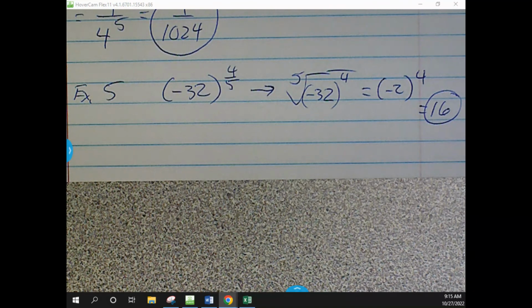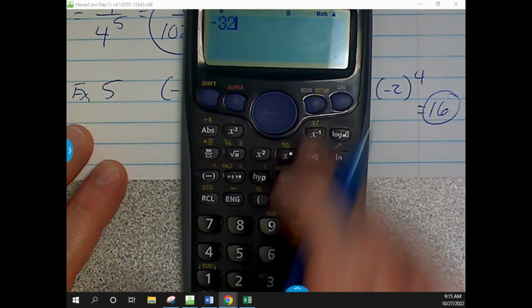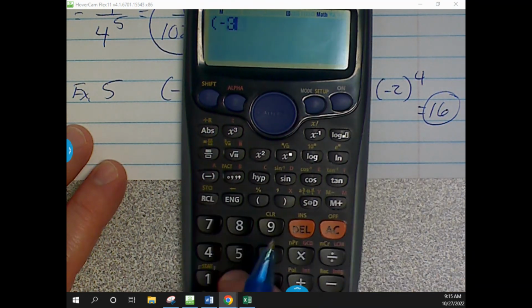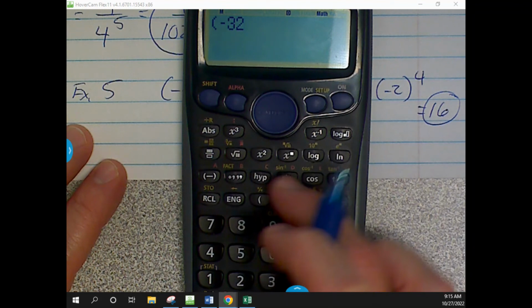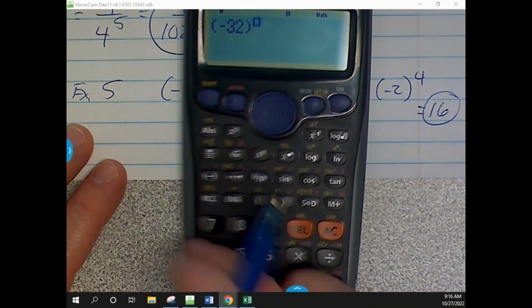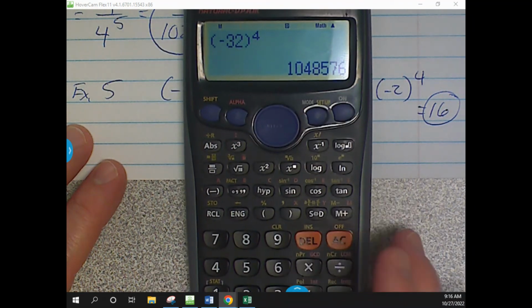Now if you do it this way though, if you do negative 32 to the fourth power, you could get that number, which we all know off the top of our head, right? Yeah, that's easy.